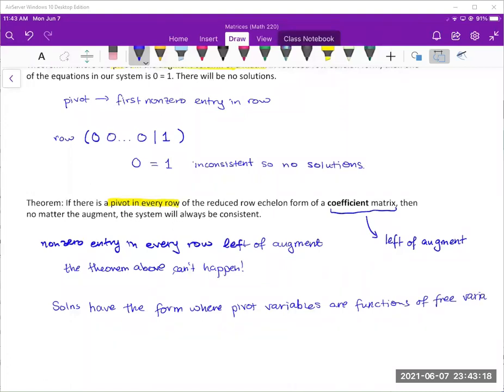So what we're going to see is that we can express every pivot variable in terms of our free variables, and the free variables will just be themselves. So we can just write down our solution set. Okay. All right. And so in the case that we see a pivot in every row, then we're going to see that our system is always consistent.